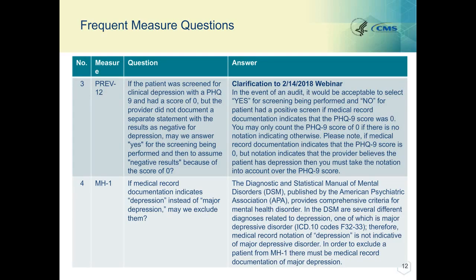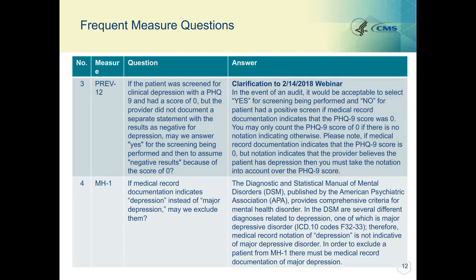Question is, if the patient was screened for clinical depression with a PHQ-9 and had a score of 0, but the provider did not document a separate statement with the results as negative for depression, may we answer yes for the screening being performed and then to assume negative results because of the 0 score?